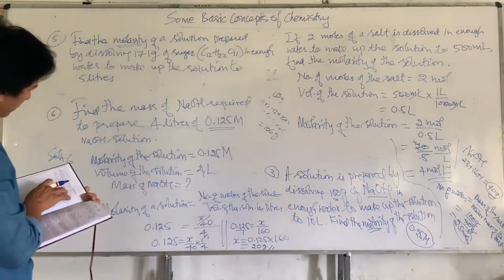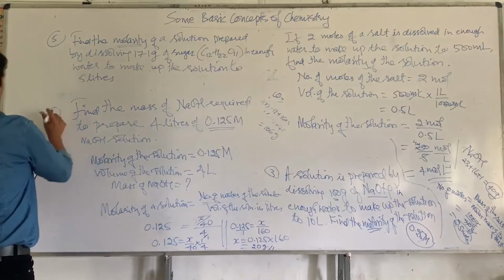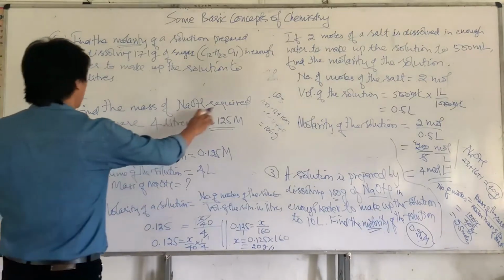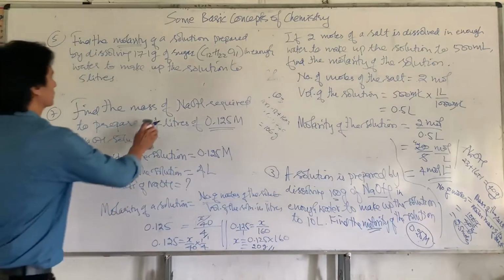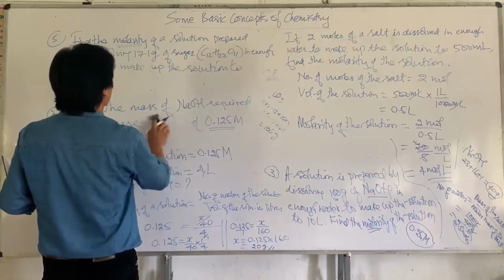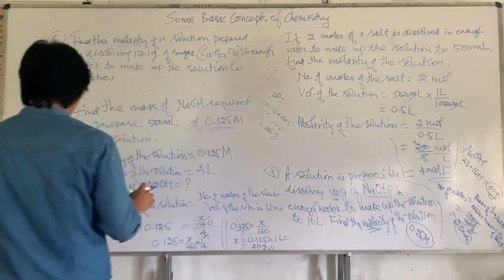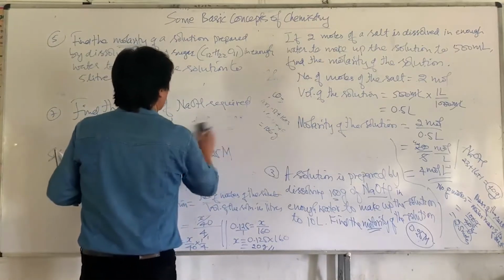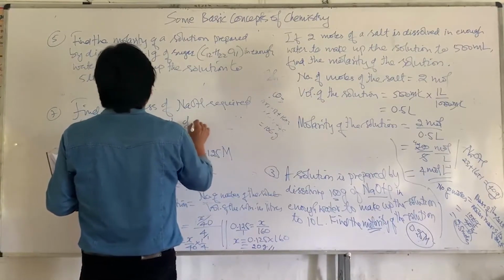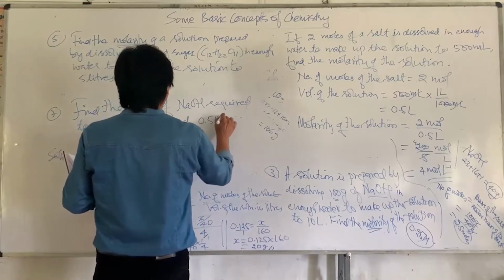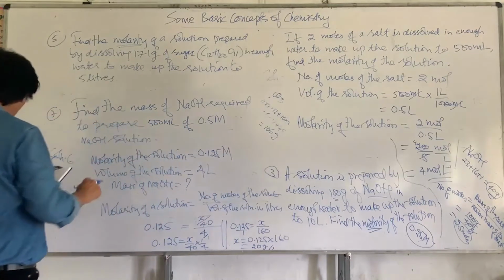And now the same thing. Find the mass that is required to prepare, in question number 7, 500 ml of 0.5 molar solution.